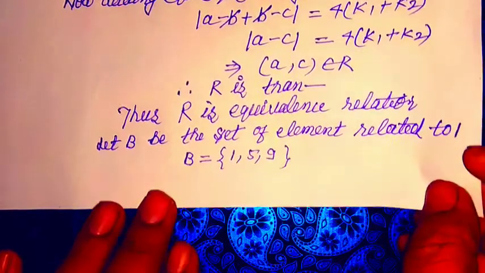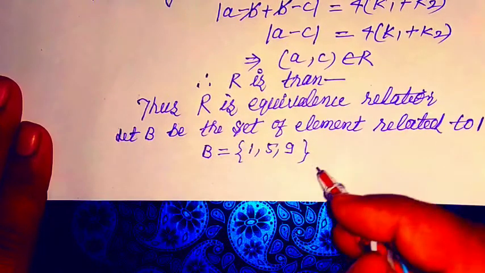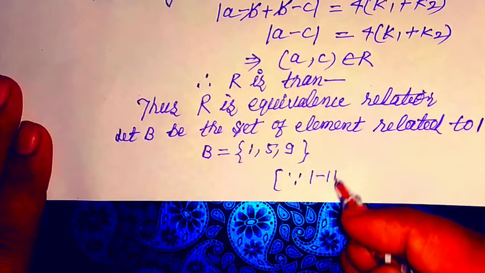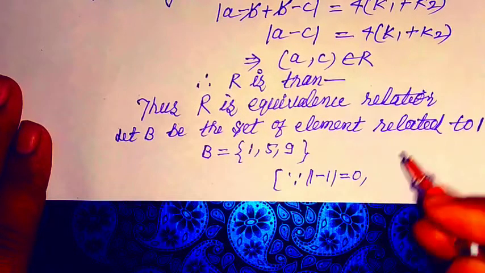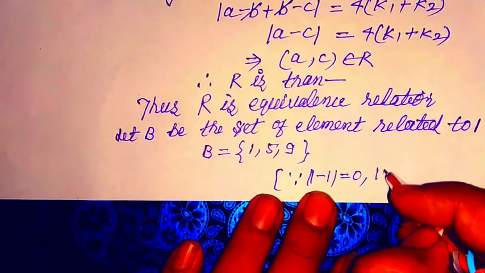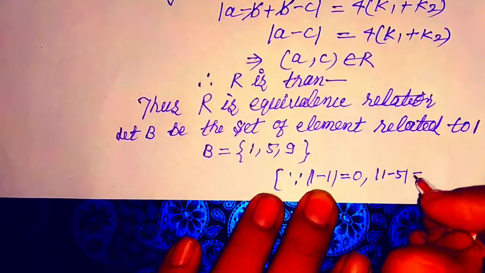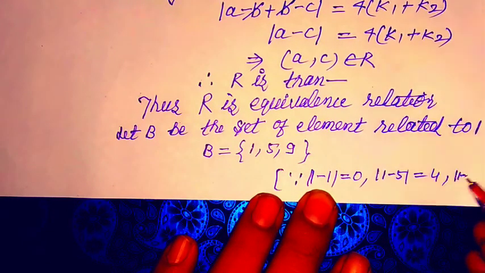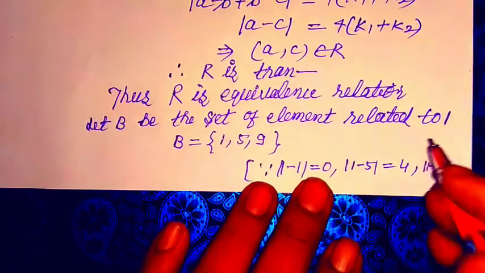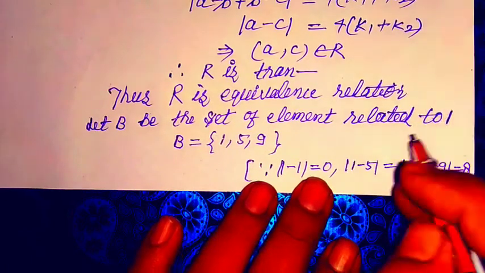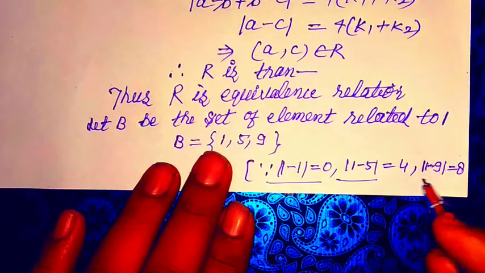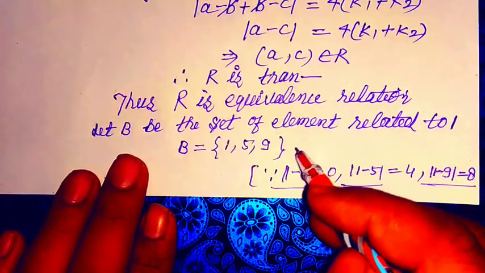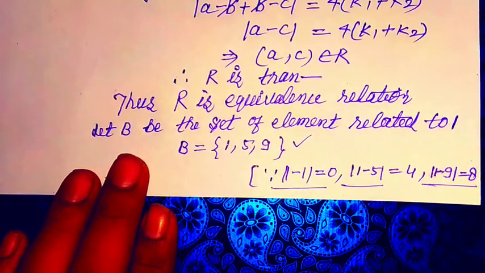Why? Because we can write here, since 1 minus 1 equals 0, 1 minus 5 equals 4, and 1 minus 9 equals 8. So all three are multiples of 4. So the set must be {1, 5, 9}.